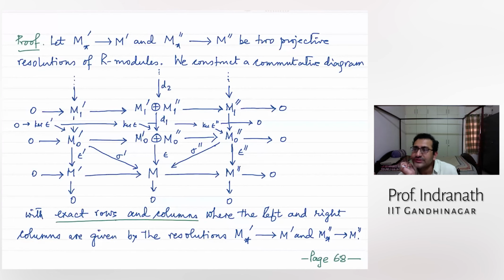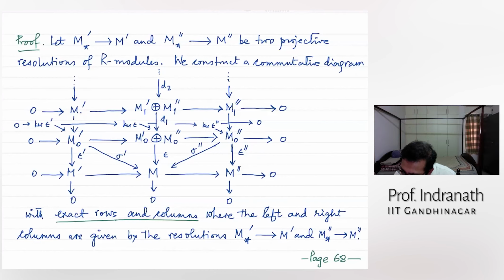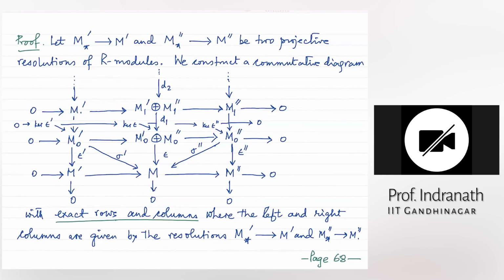How are you going to use the projectivity? That's the question precisely. Sir, this map M1 double prime to M0 double prime: the image of that map is sitting inside this kernel epsilon double prime, because the sequence of columns was exact.